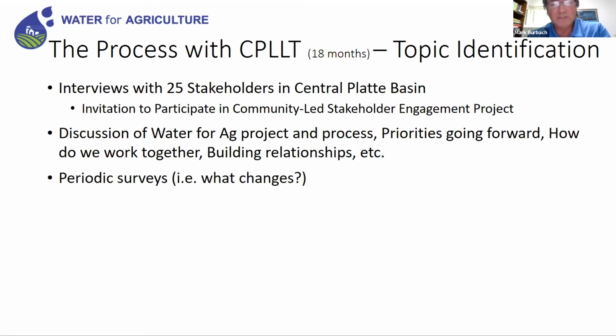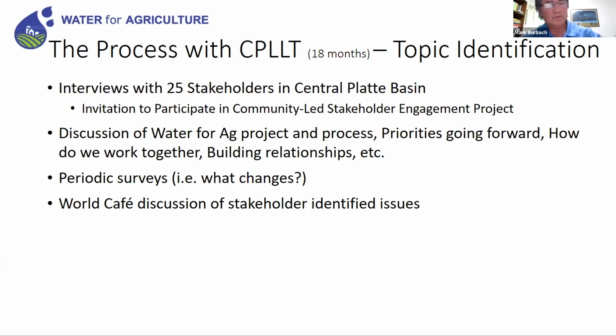As Wes talked about, we had our local leadership team members do periodic surveys, in our attempt to learn what changed as an outcome or consequence of our local leadership team. We had a couple of World Cafe discussions, leading the discussion on what topics this local leadership team would like to use this time, and with our help, to address and develop an action plan towards.